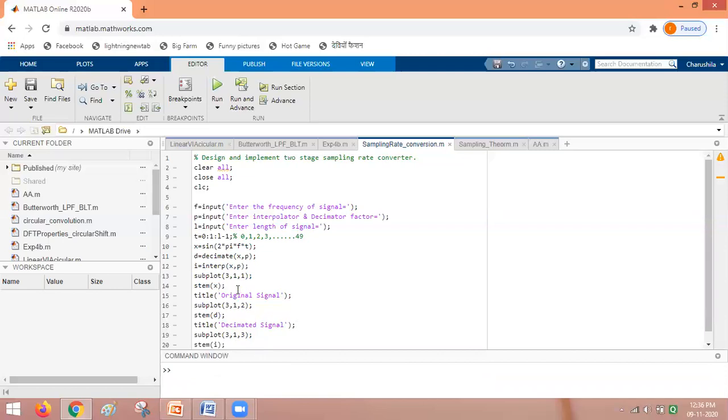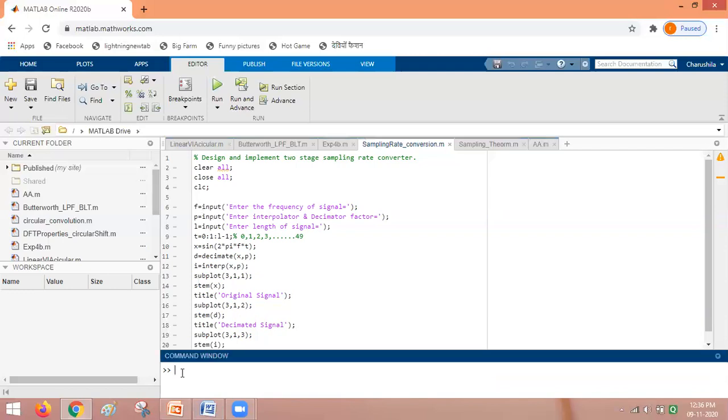If you want to see the details about newly used functions, for example, if you want to know about the input function, you have to type help input at the command prompt and enter.